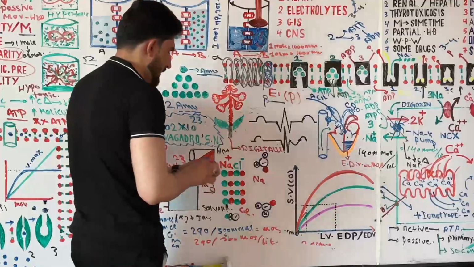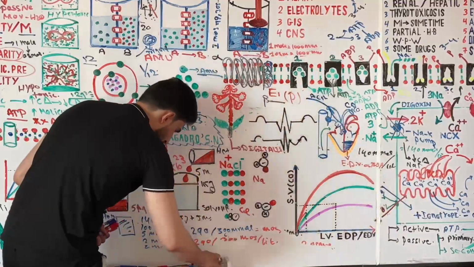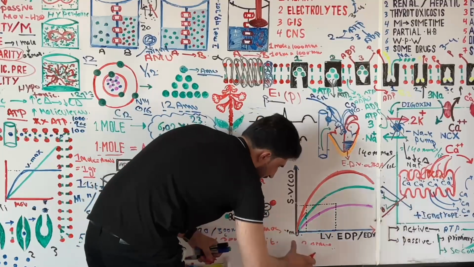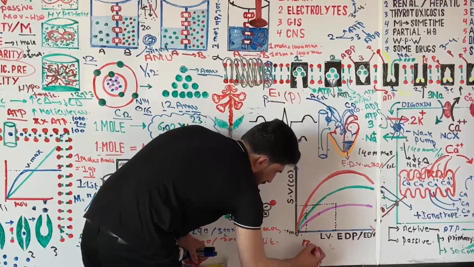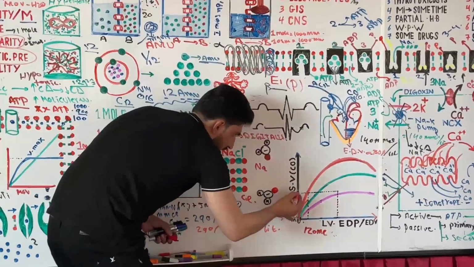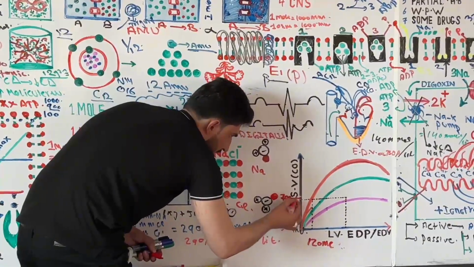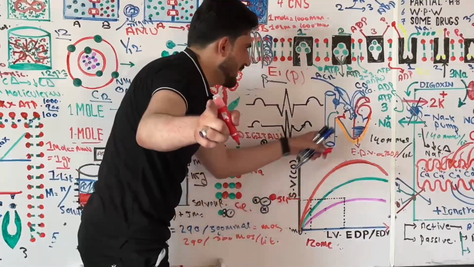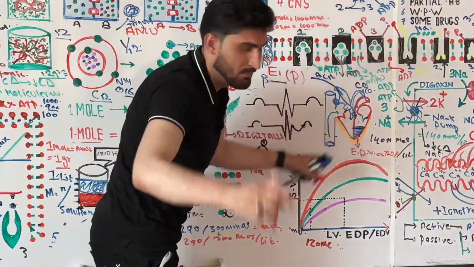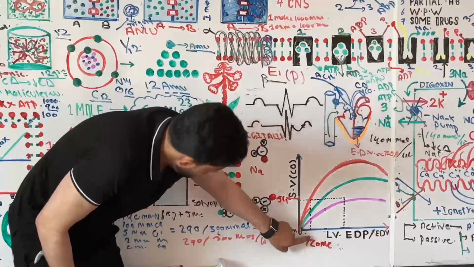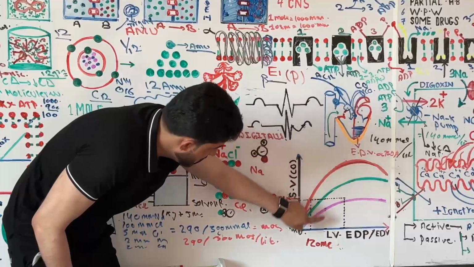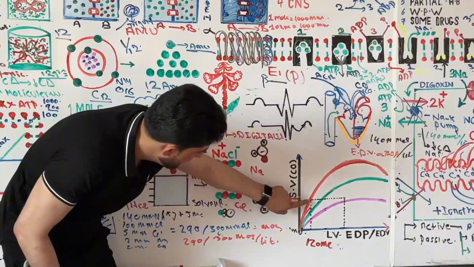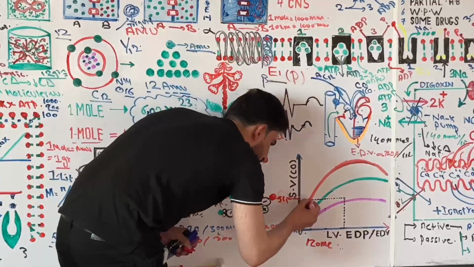In a normal heart, for example, I have an end-diastolic volume of about 120 ml, and my stroke volume is about 70 ml, or my cardiac output is about 5 liters. What is stroke volume? The amount of blood ejected by the heart in one beat. Anyway, if I have 120 ml of end-diastolic volume, I should have 5 or 5.5 liters of cardiac output. This is my normal point of the heart.